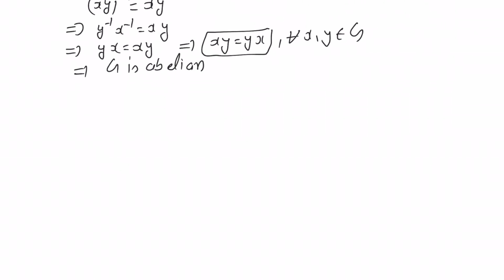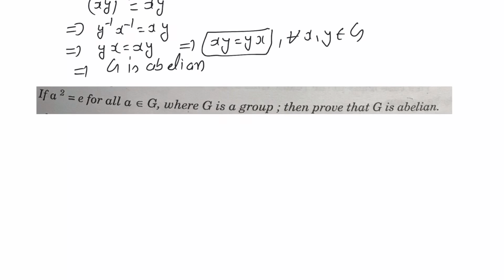Next we will prove the next theorem, and this is also a very important theorem. The statement is: if a square is equal to identity, and this is holding for every element of G where G is a group, then prove that G is abelian. Now let G be a group.